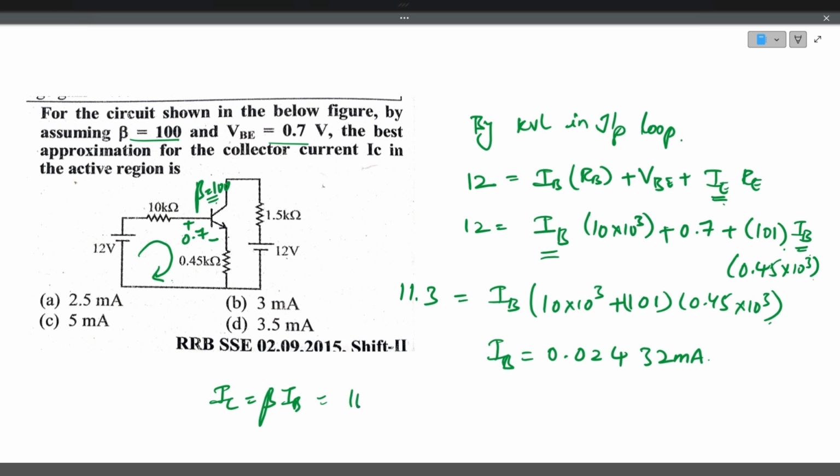So if you substitute that, beta is 100, base current is 0.0243 milliamps. You will get the collector current as 2.43 milliamps. So the answer is option A, which is approximately closer to this.